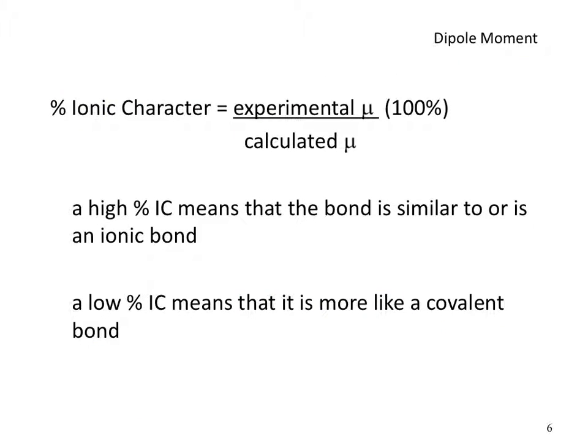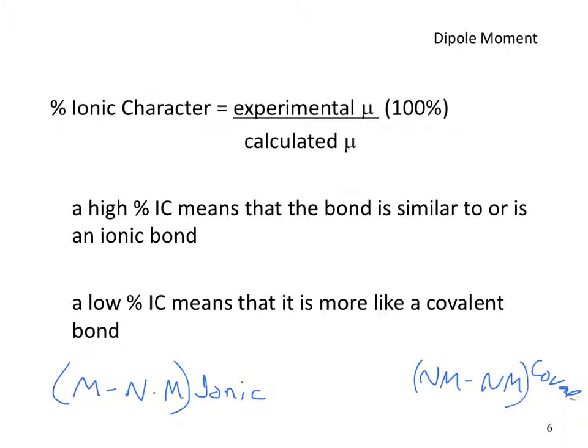Okay, based on the dipole moment, you can also determine the percentage ionic character. So far in General Chemistry 1, your teacher must have told you that if you have a metal-nonmetal bond, it's going to be always ionic. If you have a nonmetal-nonmetal bond, it's going to be covalent. So it's pretty clear cut.